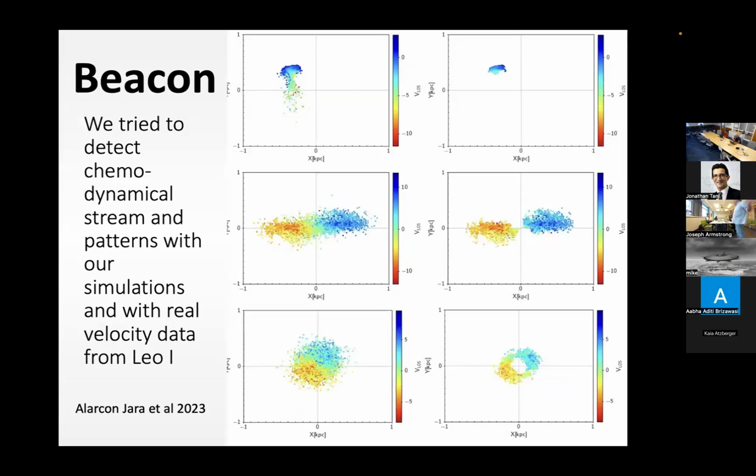So the project was done around 2020. It took quite a long time until we published the paper. We got new velocity information observed in Leo 1.